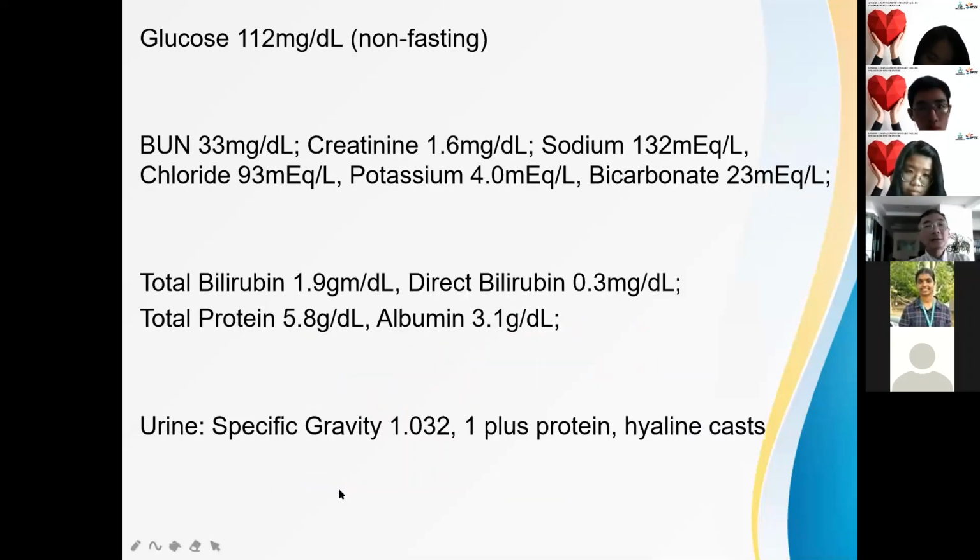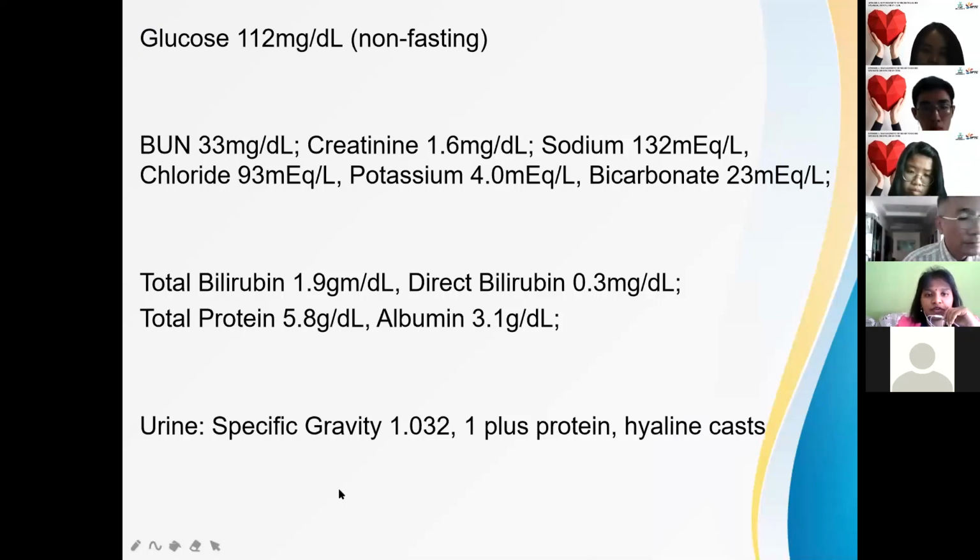Next. The glucose level is 112 milligrams per deciliter in non-fasting state. The blood urea nitrogen is 33 milligrams per deciliter. Creatinine 1.6 milligrams per deciliter. Sodium 132 milliequivalents per liter. Chloride 93 milliequivalents per liter.